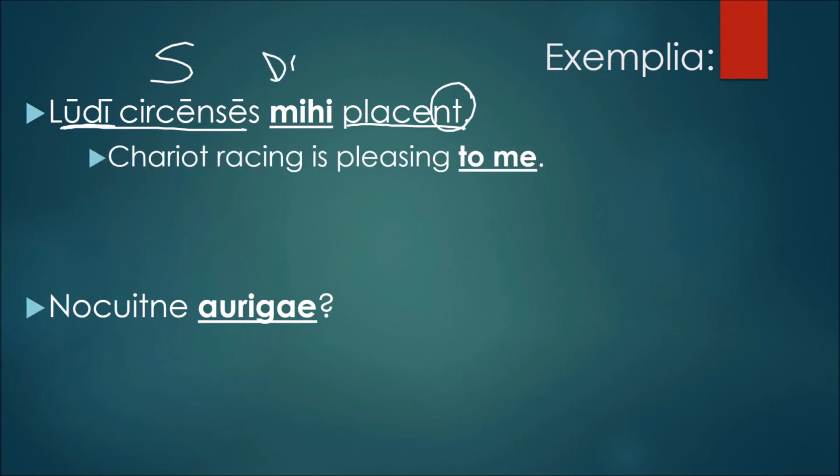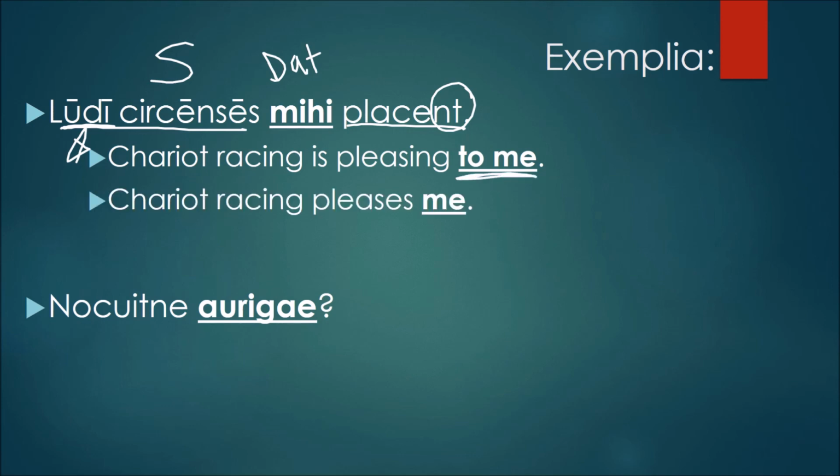And here to me is in the dative case. Now this first translation is the very literal translation in English that allows us to use a dative indirect object. However, an alternate translation, which is just as acceptable, is chariot racing pleases me, where, at least in the English, me is a direct object because it is the person that is being pleased.